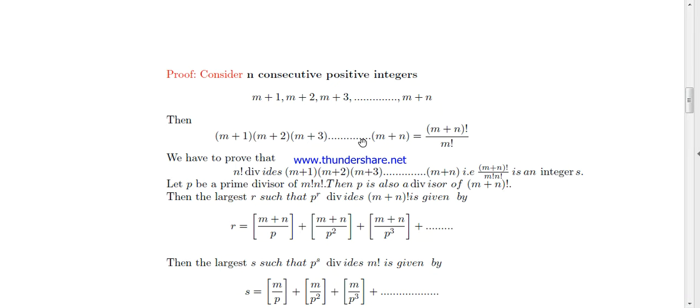Then p is also a divisor of factorial m plus n. How does it come? p is a prime divisor of factorial m and factorial n. So p divide করতে পারে factorial m কে or p divide করতে পারে factorial n কে.